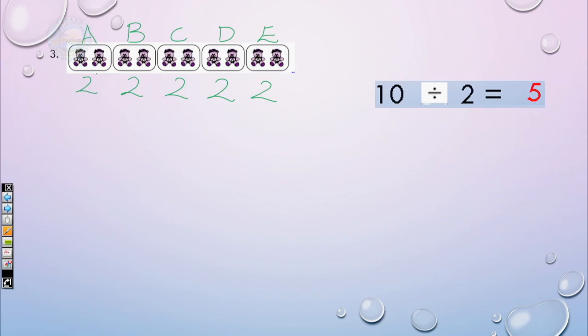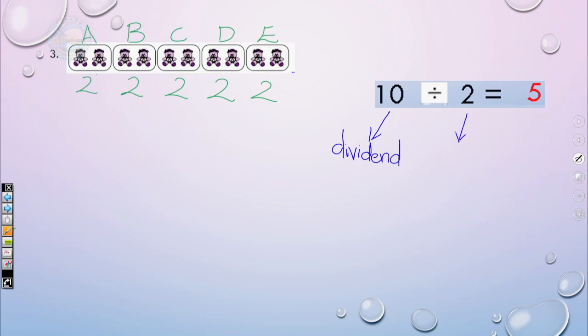10 will be your dividend, the total number of teddy bears. The number in each group will be your divisor, which is 2.